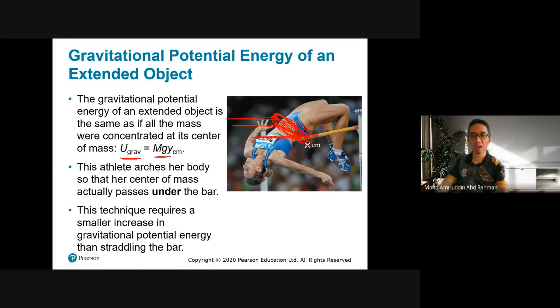So we can have the highest potential energy at that time.